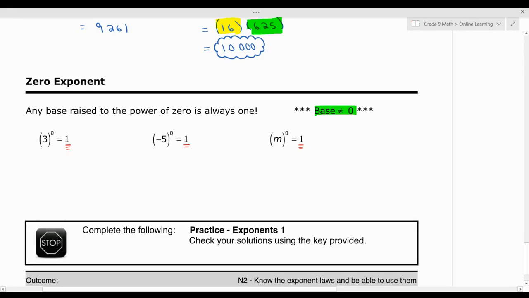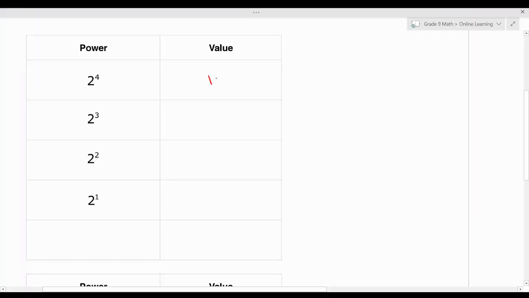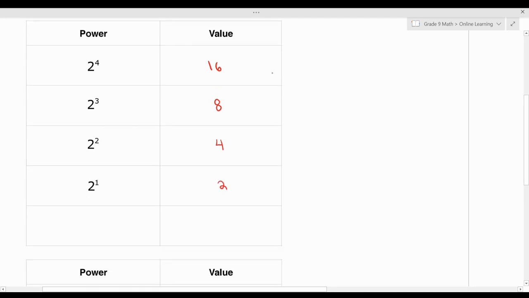If you're interested in the proof of why this happens, for example, if I had 2 to the power 4, that's 16. If I had 2 to the power 3, that's 8. 2 to the power 2, that's 4. 2 to the power 1 is just 2. So you'll notice that there's a pattern. To go from 16 to 8, I divide by 2, 8 to 4, divide by 2, 4 to 2, dividing by 2.